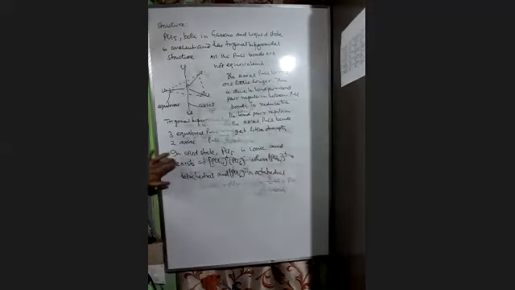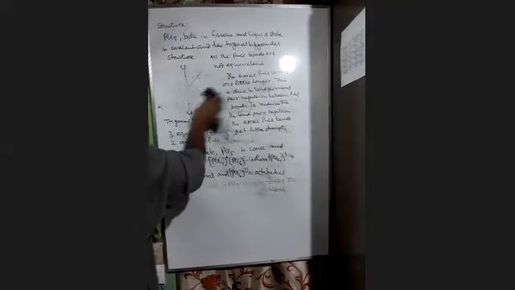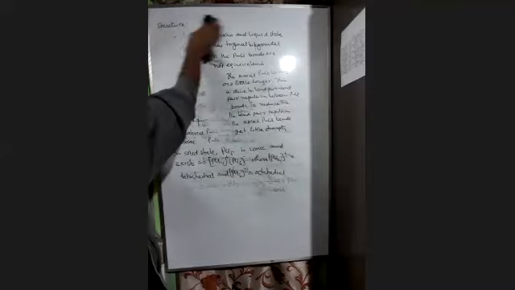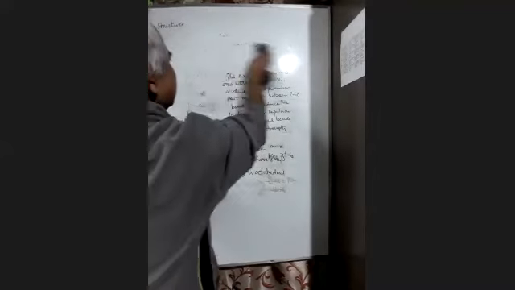Please remember, the gaseous state is covalent and the solid state is ionic. So let me draw it here, and with this now I will finish.